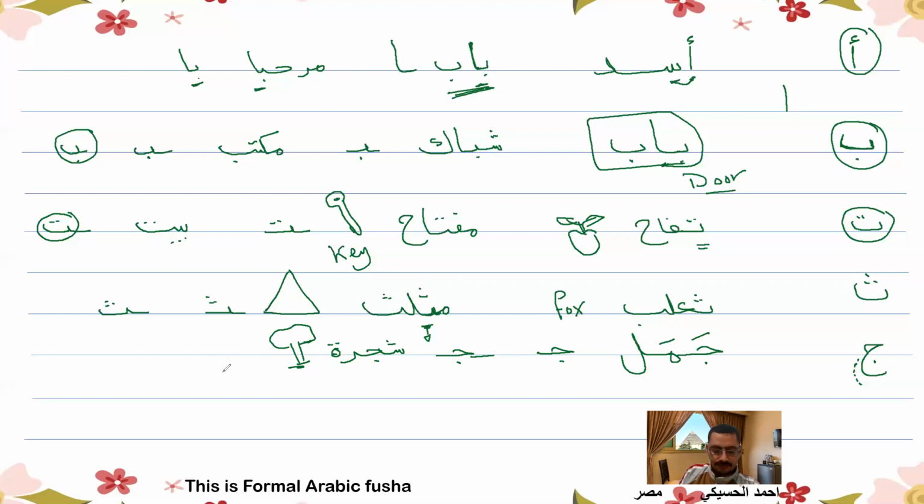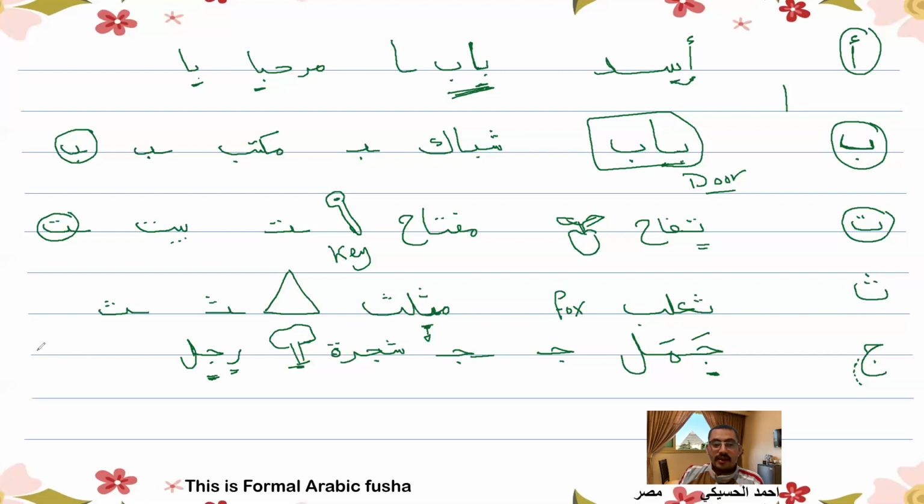And رجل. Here letter R is not joined to جيم. So this is the shape of جيم in the beginning, in the initial, and in the end.